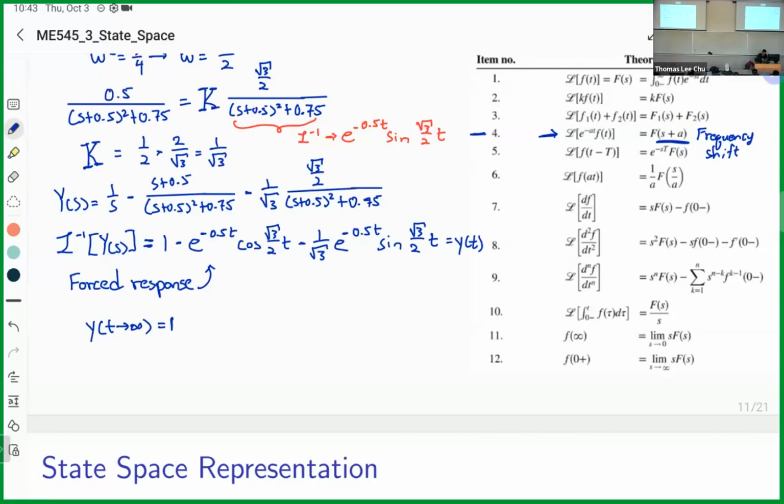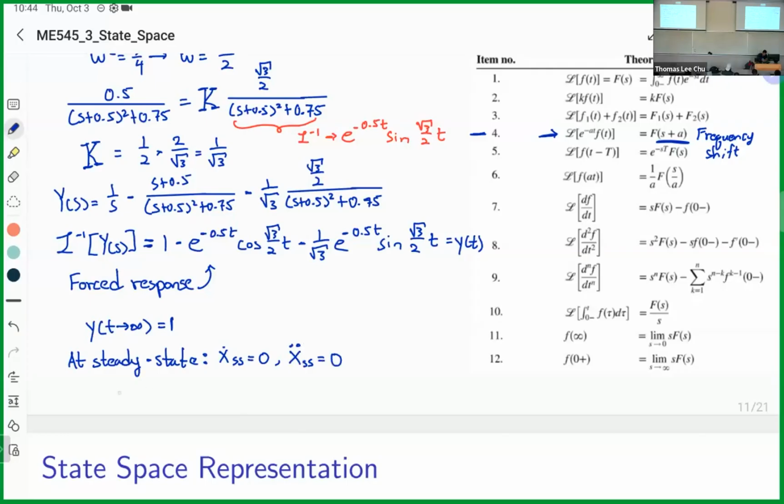And then if we think about it as well at steady state, meaning nothing is moving, that means x dot, or I'll say x dot at steady state, is equal to 0. X double dot at steady state is equal to 0.